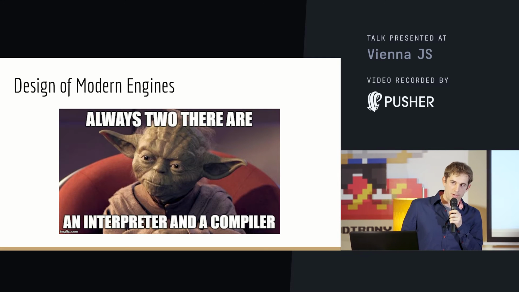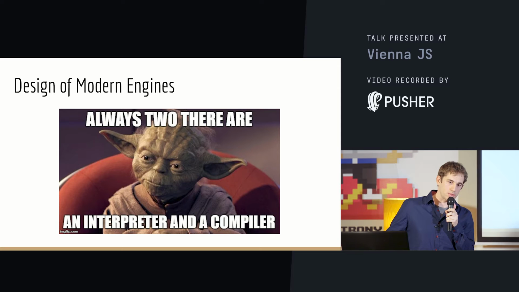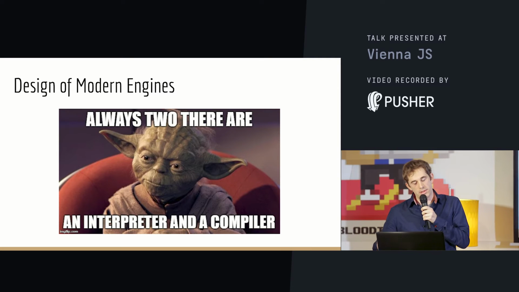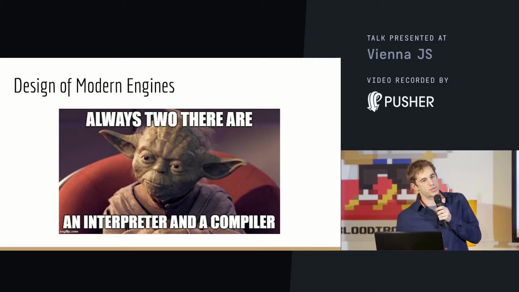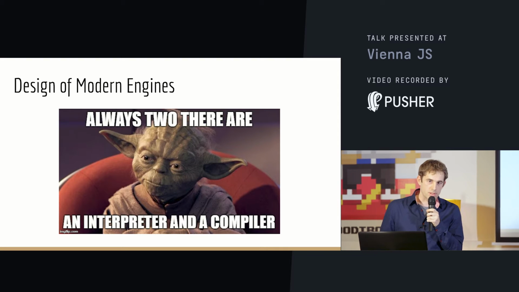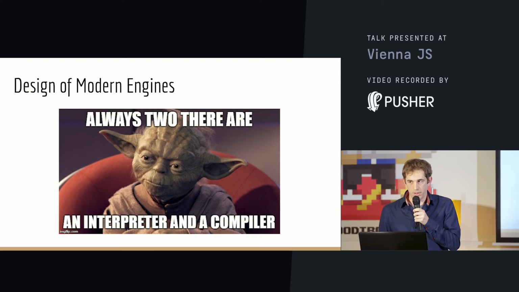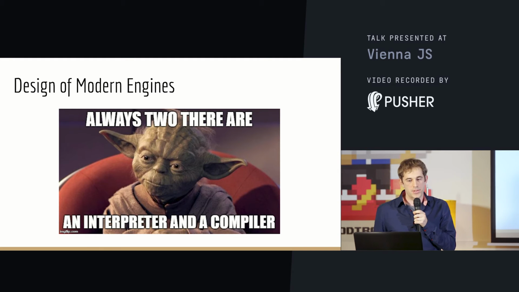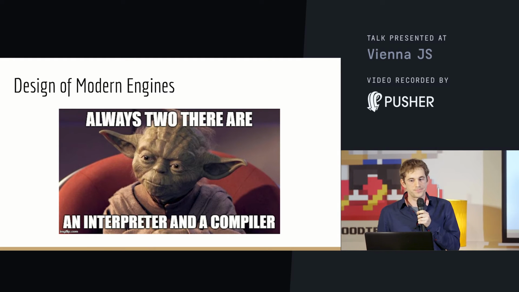The interpreter takes the source code during the runtime. It starts to execute it immediately, and what is special here is that it executes your source code on the fly. And with a compiler we have the so-called compilation phase, where the JavaScript source code is first compiled into machine code.